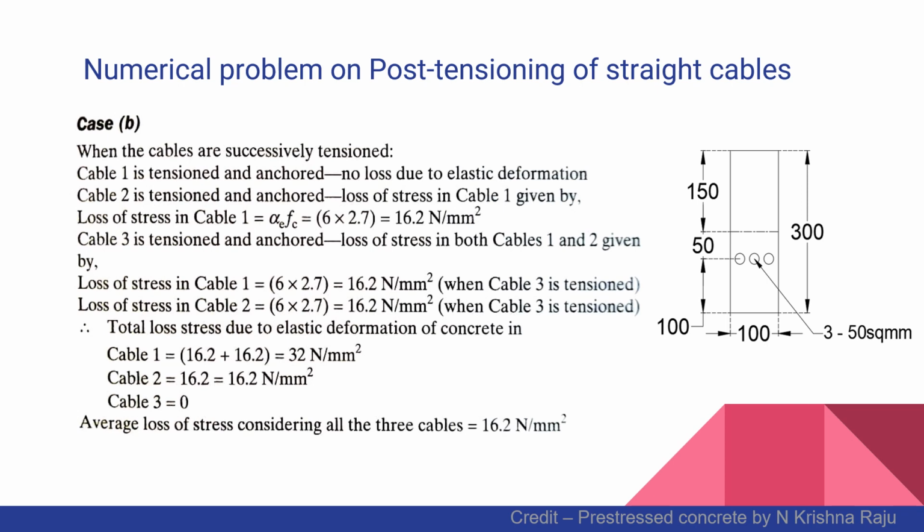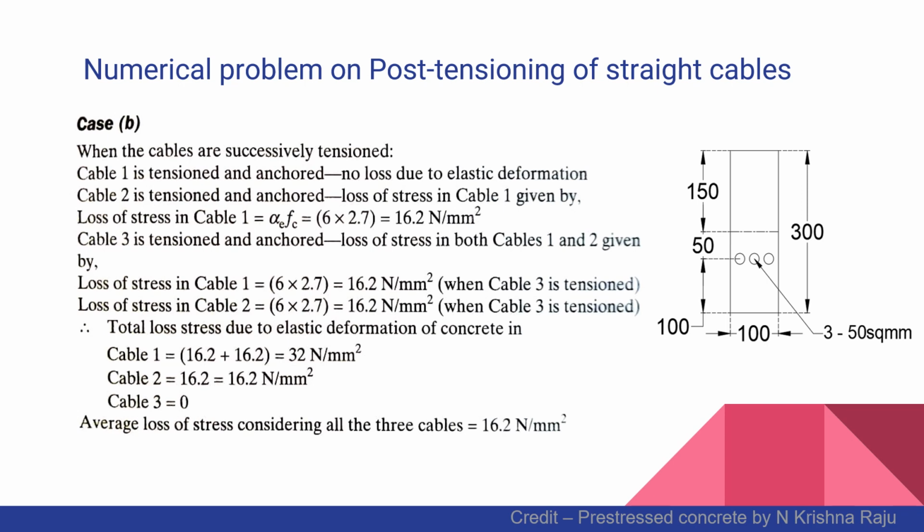When cable 3 is tensioned and anchored, there will be loss in both cable 1 and cable 2. Total loss stress due to elastic deformation of concrete is calculated in cable 1. There will be loss due to tensioning of two cables, which is 16.2 plus 16.2.